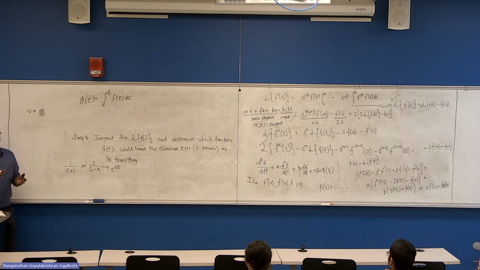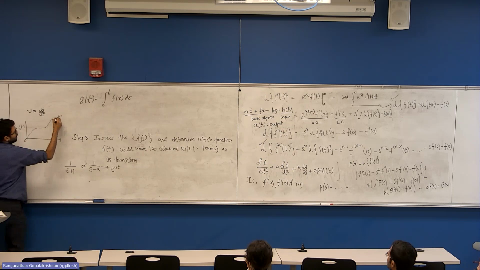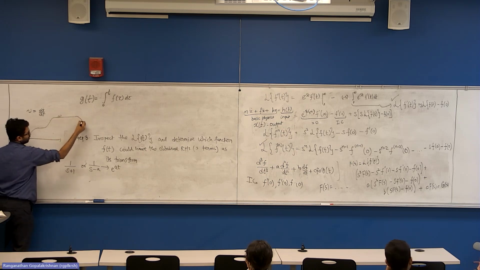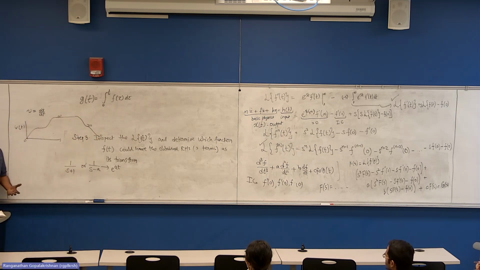But if you have a sensor like a speedometer, so I give you the speedometer reading of my car, let's say it starts at 0, might go up to 35 for some time, then I enter the freeway, it goes to like 60, and then it stays there, and then I come down to 30, and then I'm at my home, it goes back to 0. Then if I ask you how much is the distance traveled, what would you do?